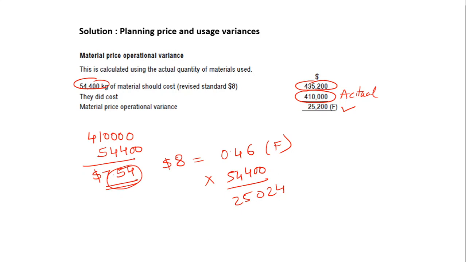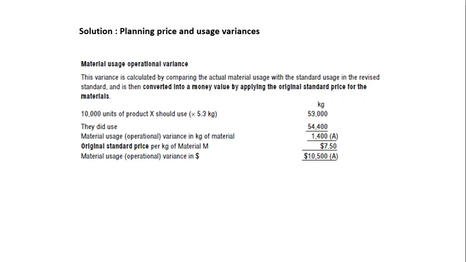And then lastly, you have your material usage operational variance. So again, remember, as per your revised budget, 10,000 units should have taken 5.3 kgs per unit, and you should have used a total of 53,000 kgs. Whereas in reality, you used how much? 54,400 kgs. That means you used 1,400 kgs more.